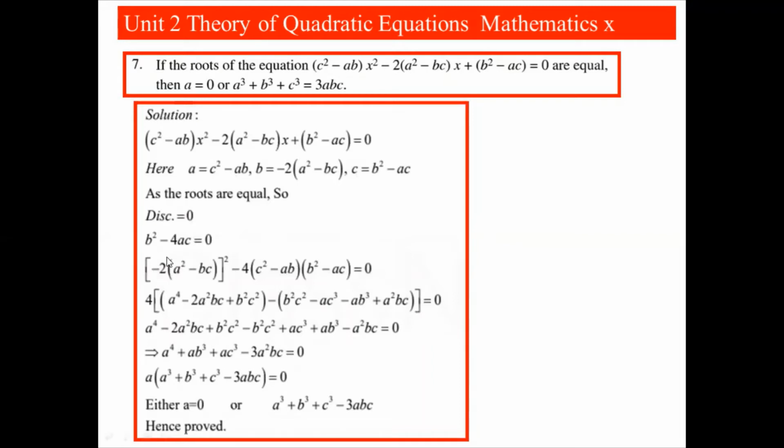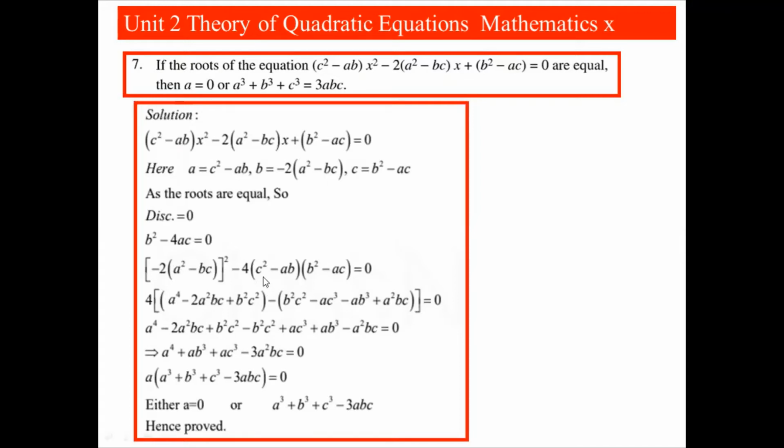Now when we take the square of this minus 2, we have plus 4. Here is also 4. So we can take 4 as common. Now we have to open this formula. We use the formula a minus b whole square, that is equal to a square minus 2ab plus b square.